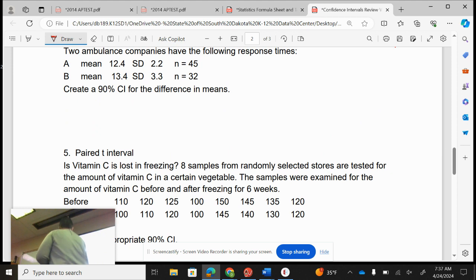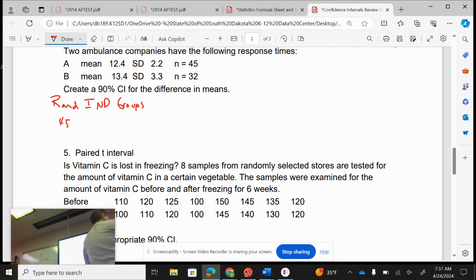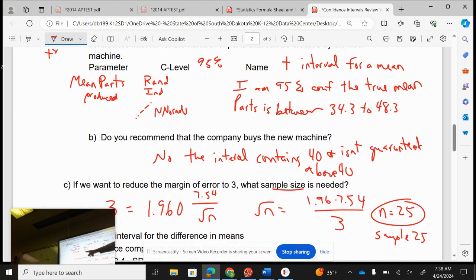Again, whenever you do the two sample one, you go random, independent groups. Now I have all those on that last page. I'm not going back and forth to that last page, but the sample size on this one, the t-test, we justified it by looking at a graph. The sample was only 7.